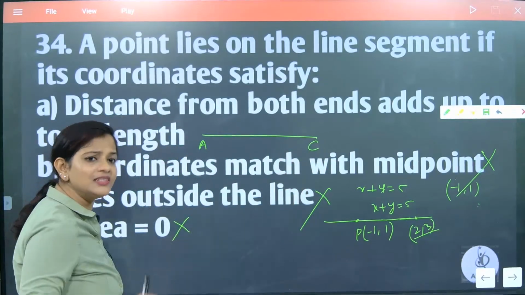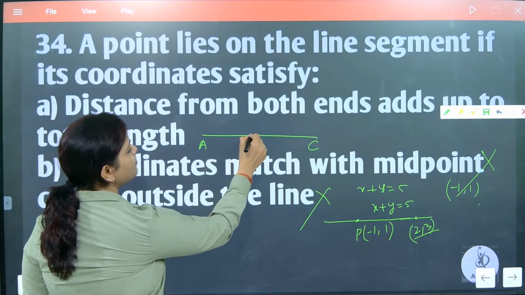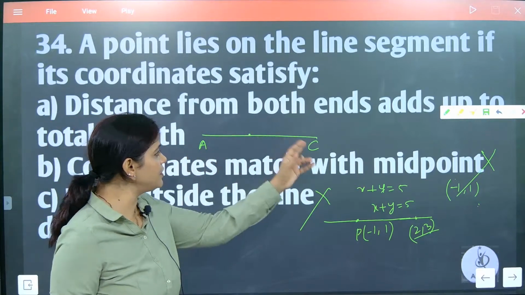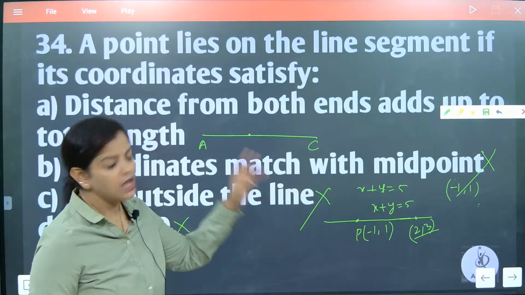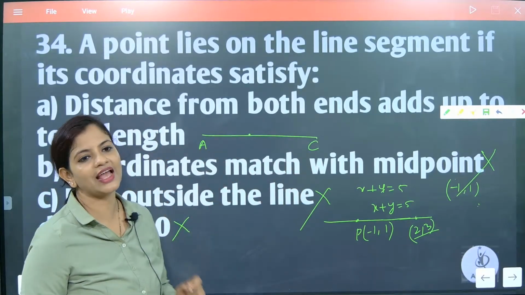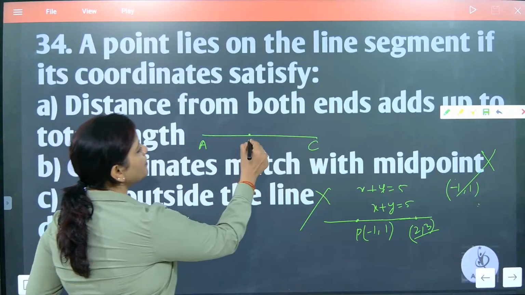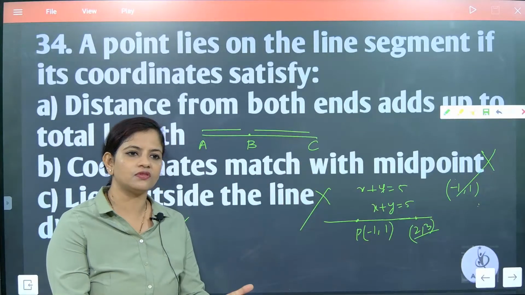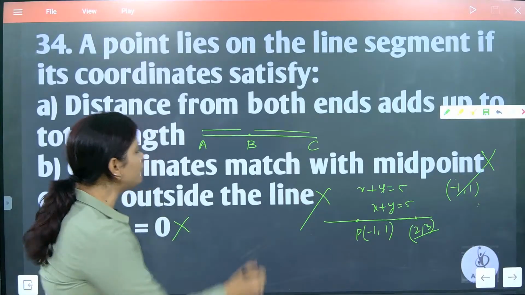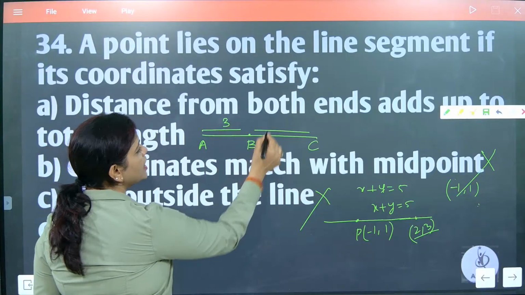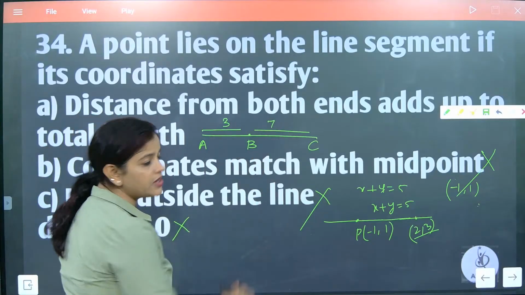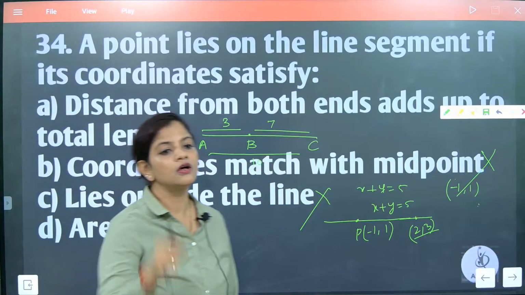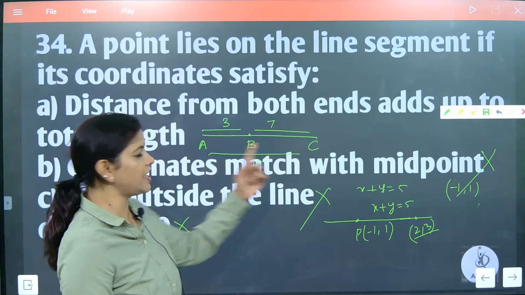Now B is any point on the line segment between A and C. If I add this distance and this distance, will it give the total length? Correct. So if this distance is 3 and this distance is 7, and it comes to 10, that means B is a point between the line segment A and C.